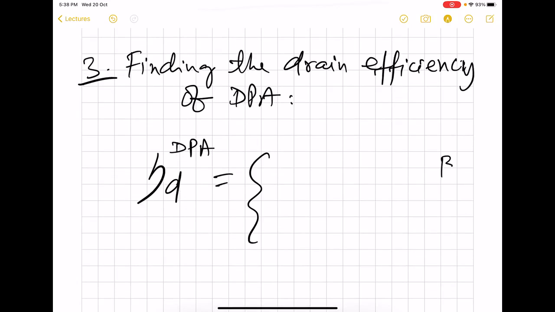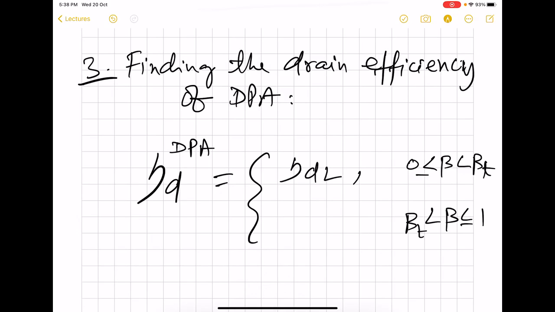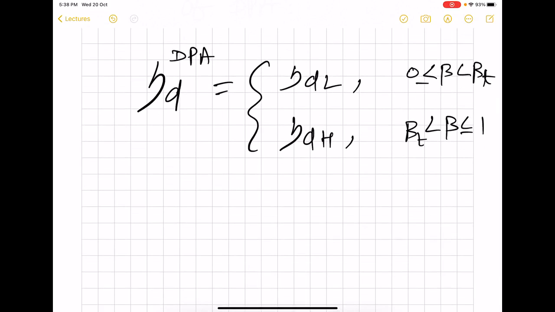There is one input range which is called lower drive region, and then we have upper drive region. So we will have two efficiencies, of course, one for the lower drive region and one for the higher drive region. We will have to find out each of these two one by one. So let us first try to find out the lower drive region efficiency.